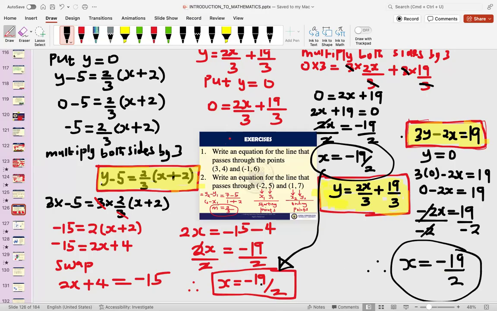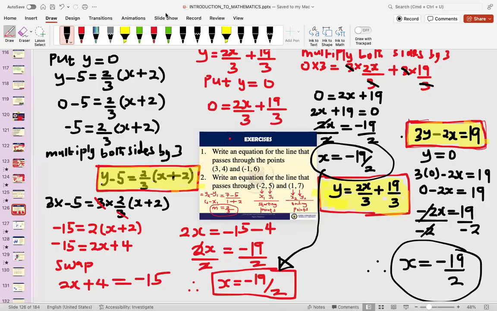So for the slope-intercept form, we had negative 19 divided by 2. And for the point slope form, we also had negative 19 divided by 2. And for the standard form, we also had negative 19 divided by 2.